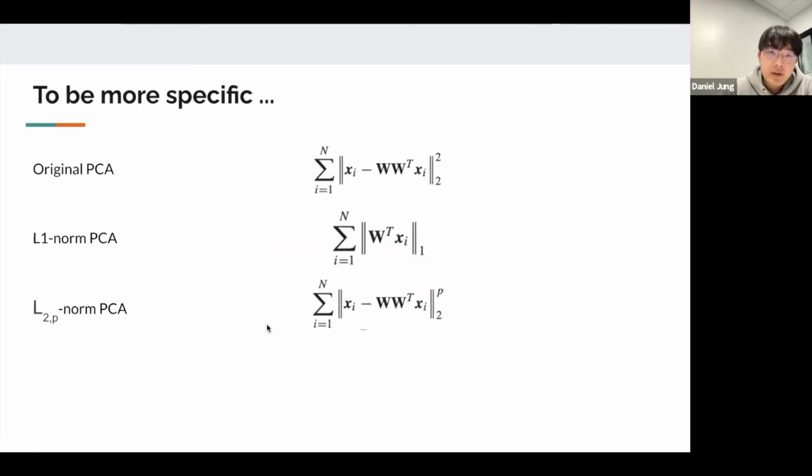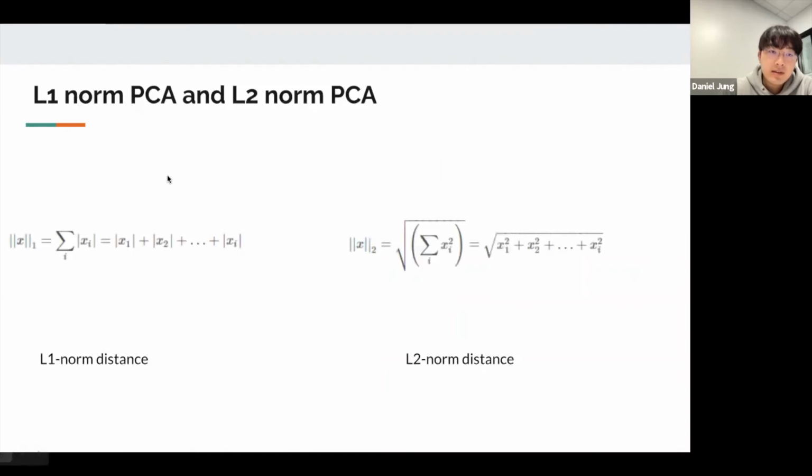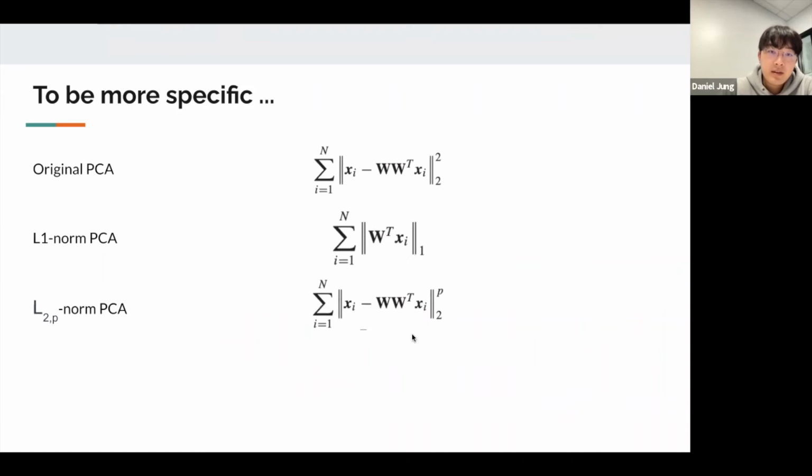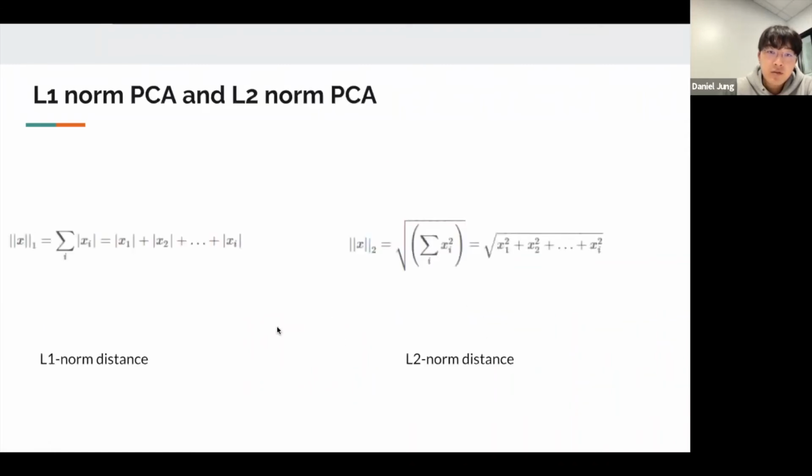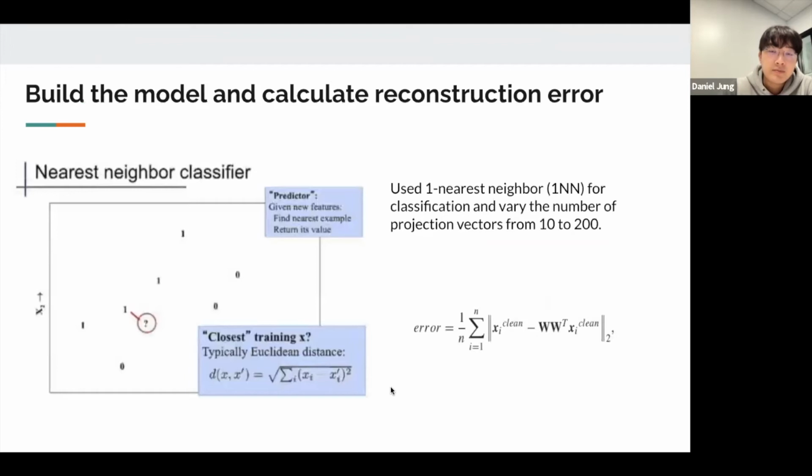To be more specific, the original PCA uses Euclidean squared distance, and L1 norm uses this distance, which is just an L1 norm. And this paper mostly uses an L2 norm, but uses an LP norm, which has a P exponent here in some of the error functions, and usually L2 norm in most of their error functions.